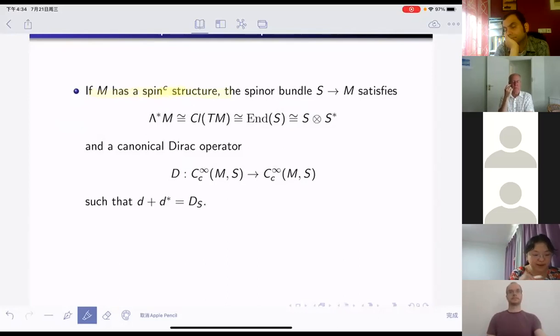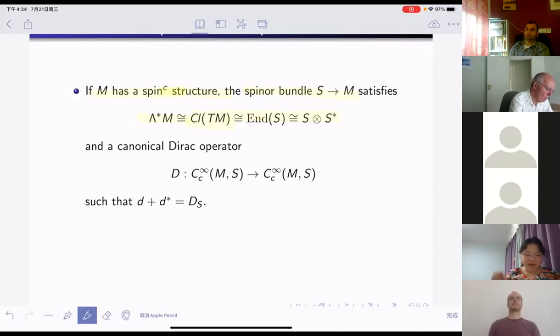If M is an oriented Riemannian manifold with a spin C structure, then if we take the spinor bundle, which is the bundle with minimal dimension, then because of the definition, the endomorphism bundle of S is the Clifford algebra bundle of Tm, and this Clifford algebra bundle is isomorphic as a vector space to the exterior algebra bundle of M.